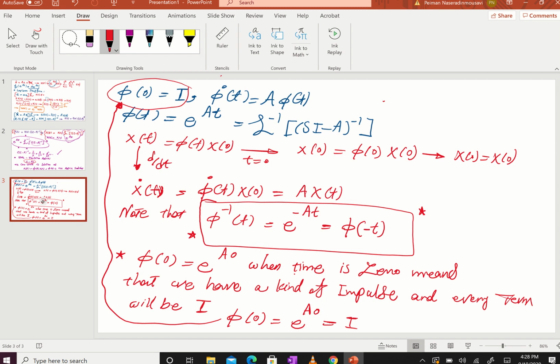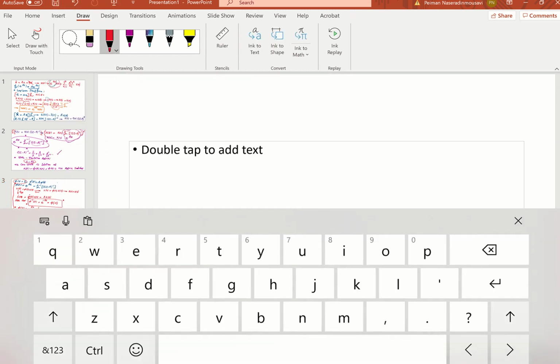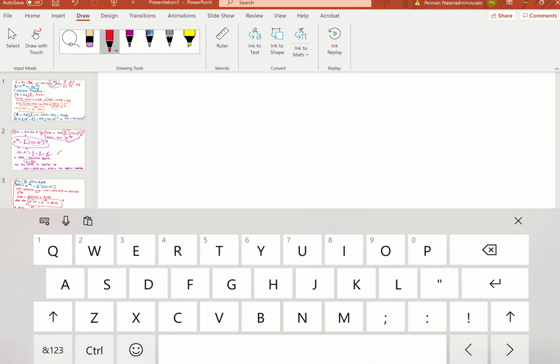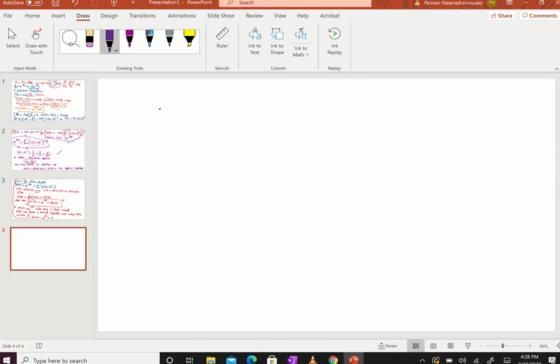Likewise, for the matrix exponential, we have some properties for the transition matrix. Property 1: phi of t1 plus t2, which is e to the A (t1 plus t2), as we know from the previous class, is e to the A t1 times e to the A t2.